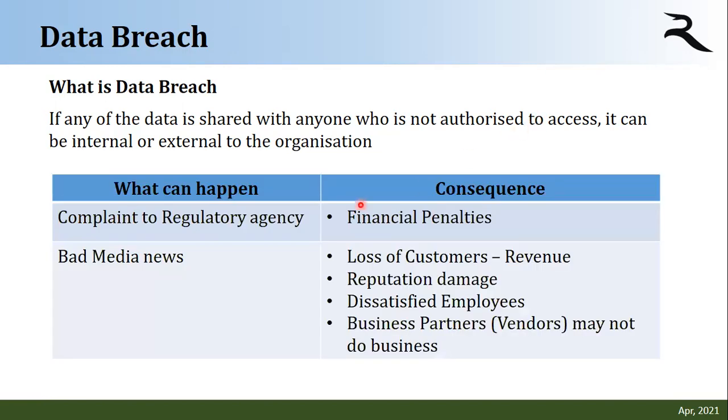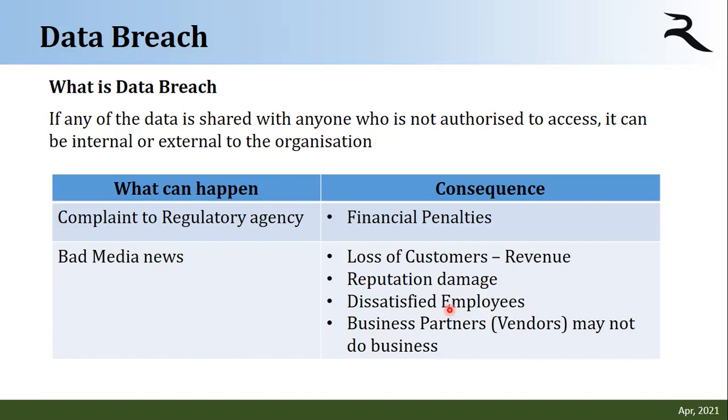Now, what can happen? One, first and foremost, it has to be complained to a regulatory agency. And naturally, there'll be an investigation that will follow with financial penalties, depending on the seriousness of the data breach. And of course, needless to say, nowadays, at a drop of a hat, you have media prying on everything and everyone. That could lead to loss of customers because you lost credibility and hence loss of revenue, reputation damage.